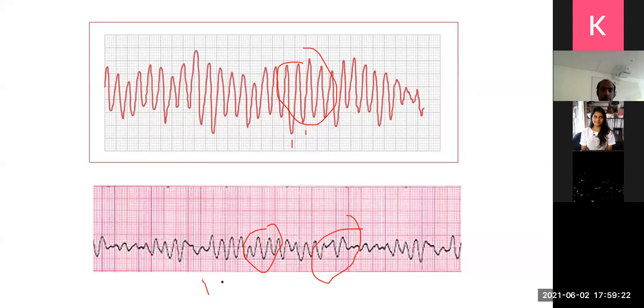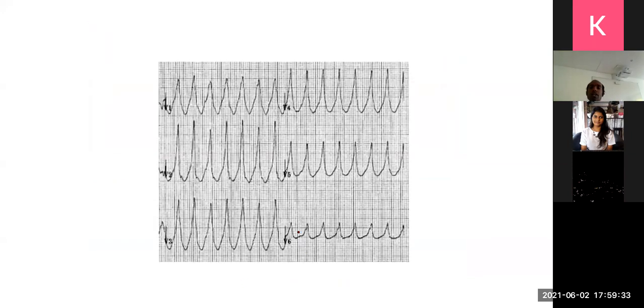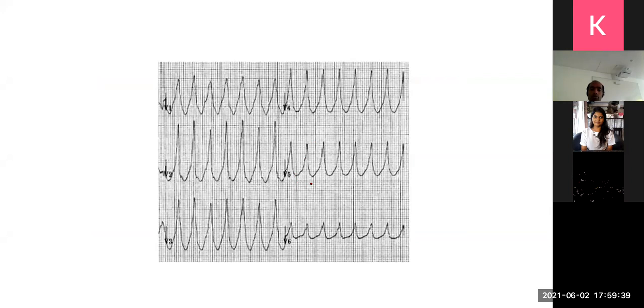So monomorphic VT, polymorphic VT, and ventricular fibrillation. These are all ventricular tachycardias. Ignore this one, this is a bit too much for you. See, it's a normal looking QRS complex.